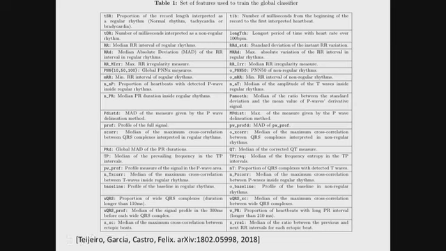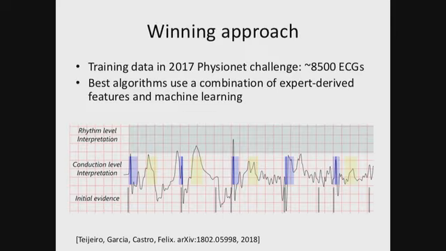And you throw all of these features into a machine learning algorithm, maybe a random forest, maybe a neural network, doesn't matter. And what you get out is a slightly better algorithm than if you had just come up with a simple rule on your own. All right? So that was the winning algorithm then.